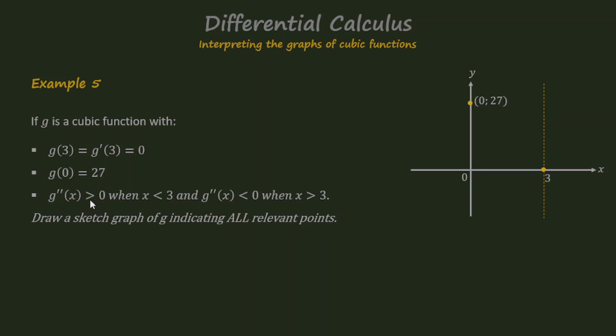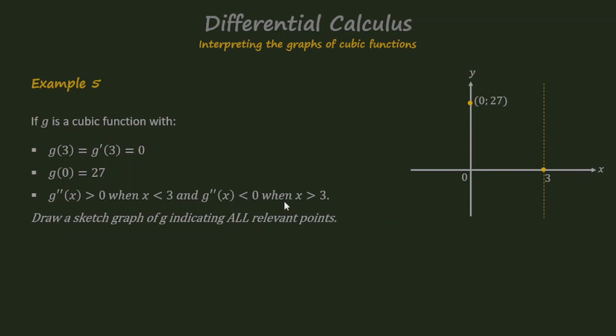This statement tells us of the concavity of the graph, or the shape of the graph, whether the graph is concave up or concave down. We know that when the second derivative is positive, or greater than 0, then the graph is concave up. So when x is less than 3, in this region, the graph is concave up.